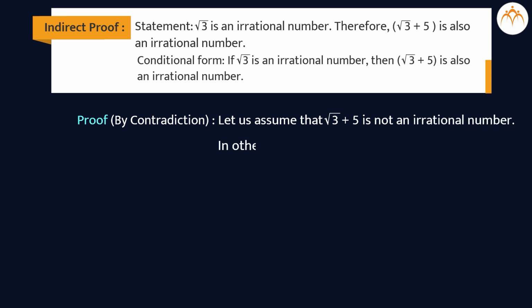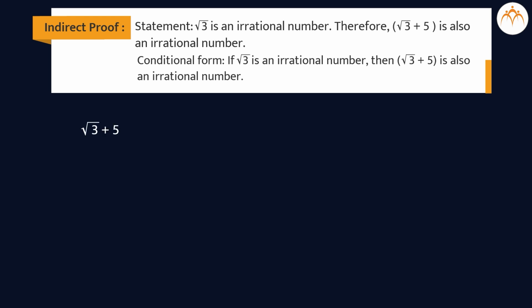So in other words, square root 3 plus 5 is a rational number. Then we can write that square root 3 plus 5 is equal to a upon b, where a and b are integers and b is not equal to 0.